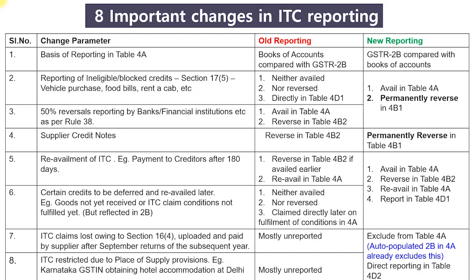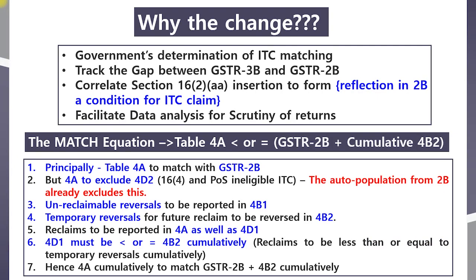Let us continue with the presentation. Why this change? We have seen that government has been determined to ensure the ITC matching process. A lot of changes and automation has been brought in. So the idea probably is to track the gap between GSTR 3B and the 2B part.